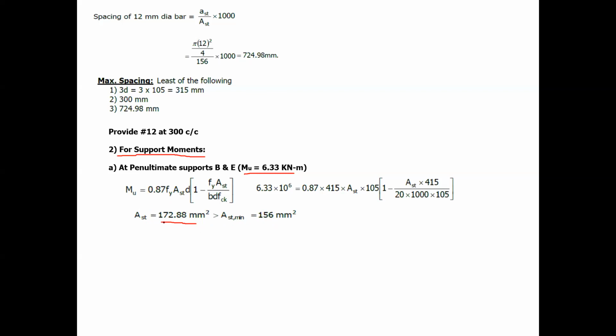So now you can take the AST value because AST is greater than AST minimum. Understood? Yes, sir. Take down. Therefore, provide AST is equal to 172.88 mm square.